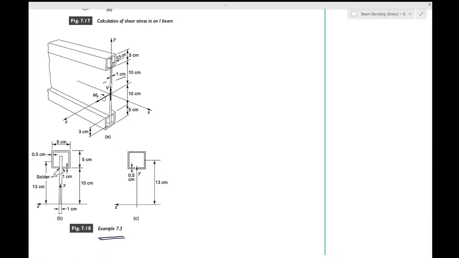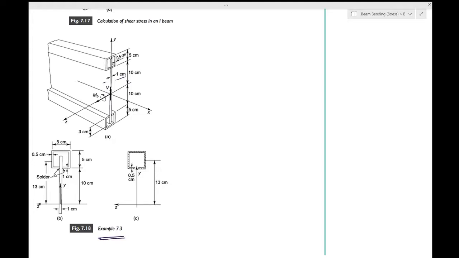If the shear stress in the solder is not to exceed 1000 Newton per centimeter square, which comes from the design perspective, perhaps because there is a risk of failure at this stress, what is the maximum shear force which the beam can carry?